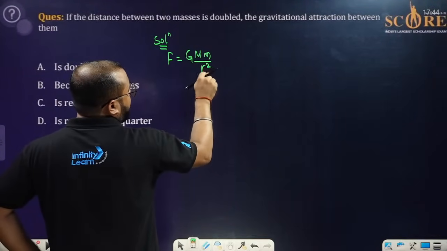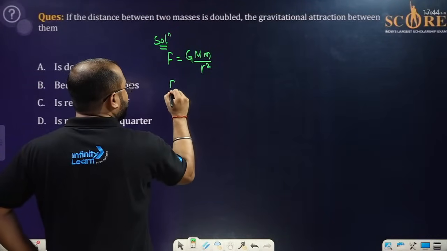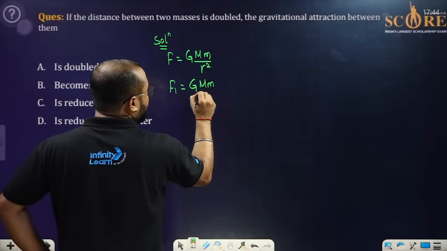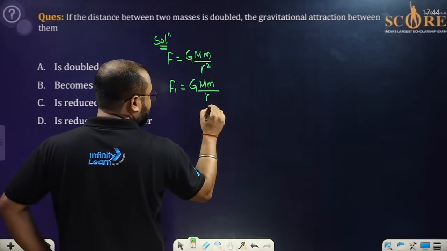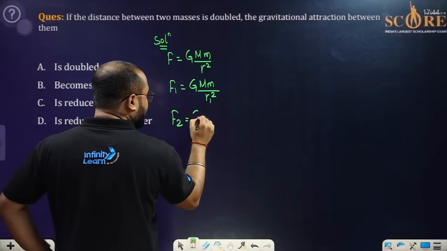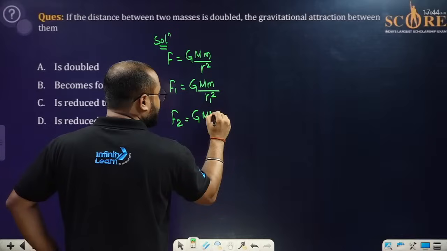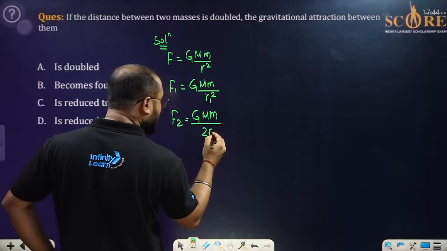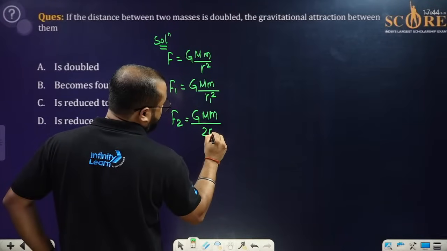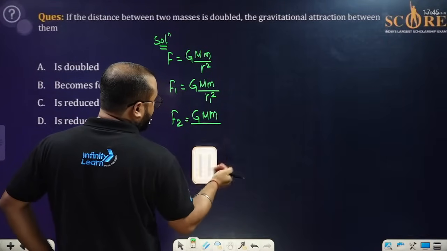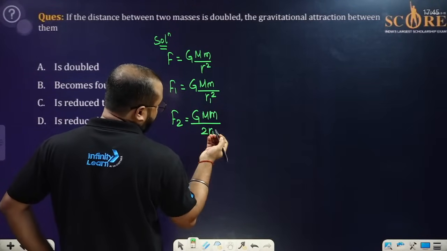It is saying that when it is getting doubled, suppose that F1 is when nothing is getting doubled: G, bigger mass, smaller mass, divided by R1 square. If it is getting doubled, in that particular case, it is 2R. It is twice the R1, basically.